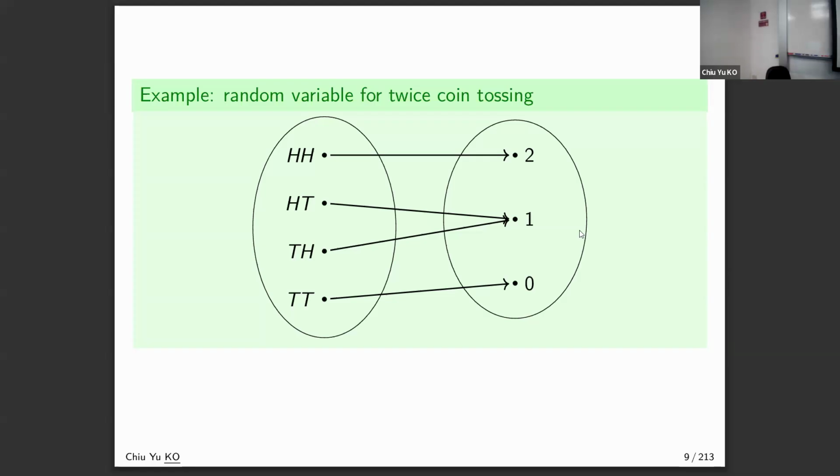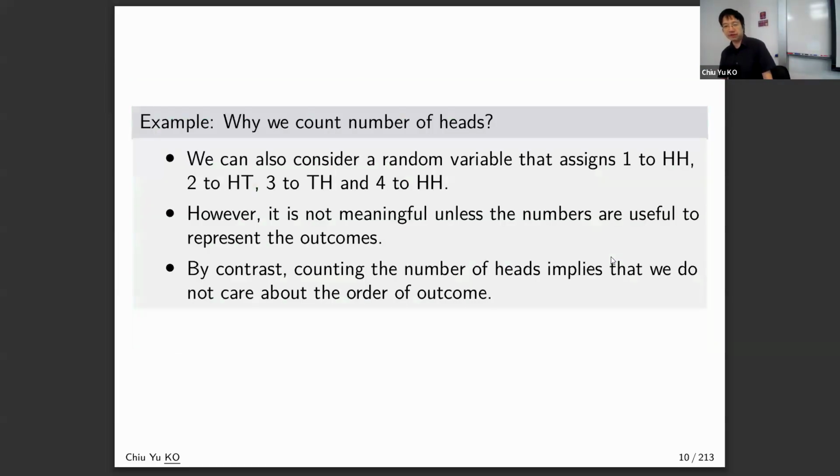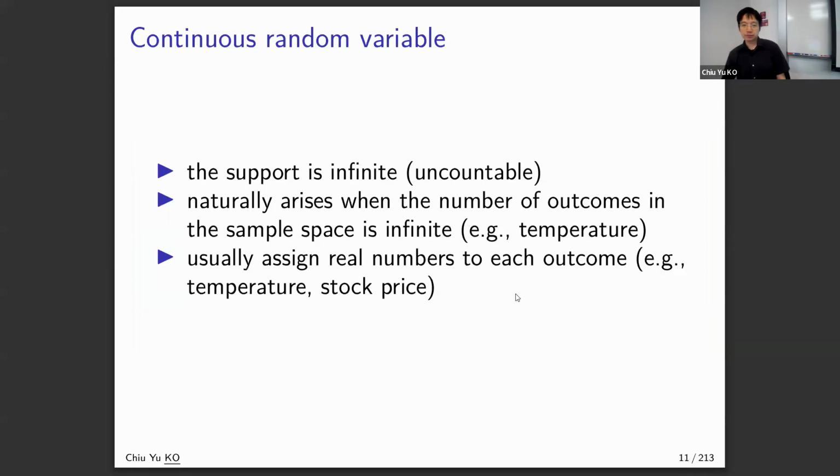Also, if your coin is biased, not fair, each outcome is not equally likely, which also affects the right-hand side. So everything becomes more general, at the expense of not distinguishing the two outcomes. If you do, then the model will be more complicated, but we will do some simplification there.